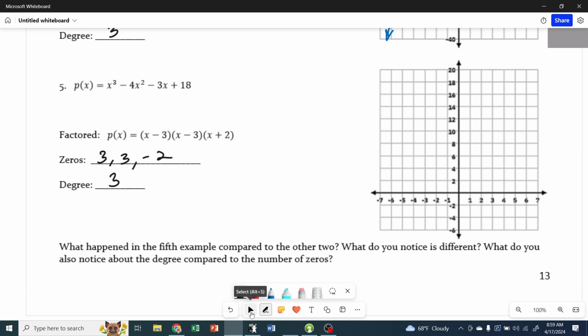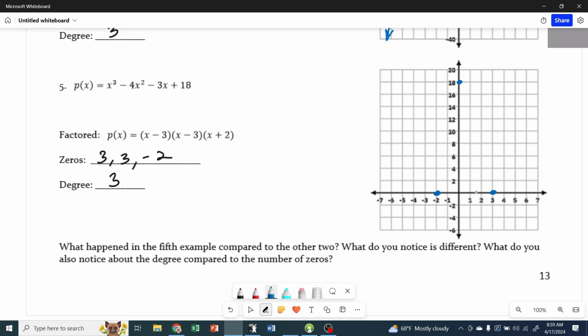So let's talk about now graphing this. Well, I need to put a 0 at negative 2 and another one at positive 3. My intercept for y is at negative 18. Okay, so let's talk about what happens next.